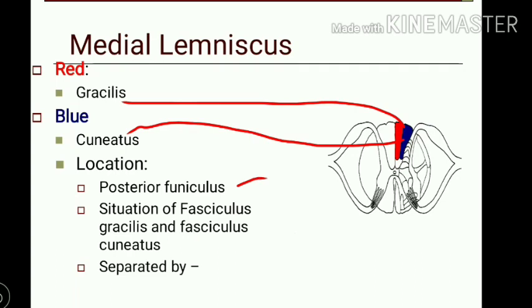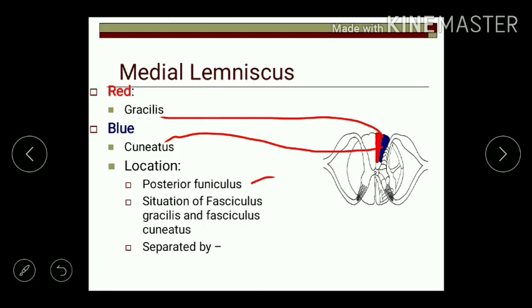Fasciculus gracilis is situated medial to fasciculus cuneatus, and they are separated by the posterior intermediate septum, as we have discussed. The posterior lateral septum and posterior intermediate septum are present in the spinal cord, and the posterior intermediate septum is present in cervical and upper thoracic segments.